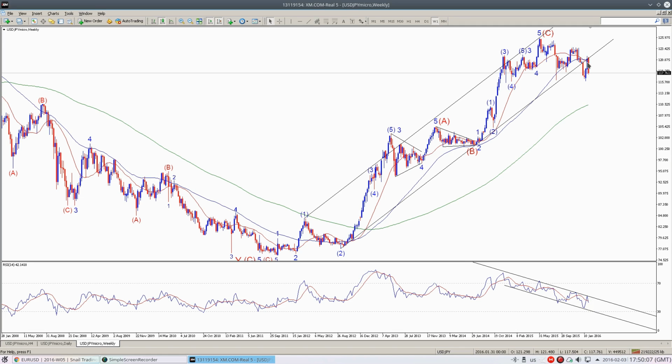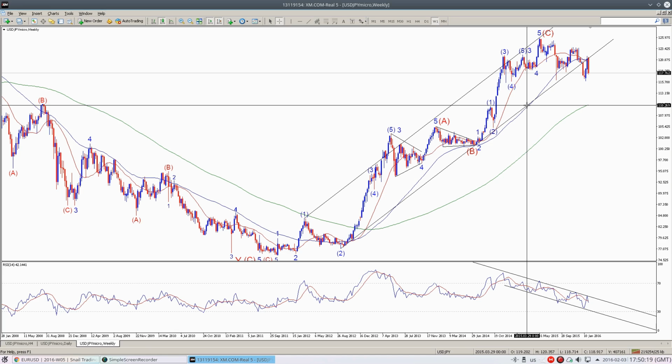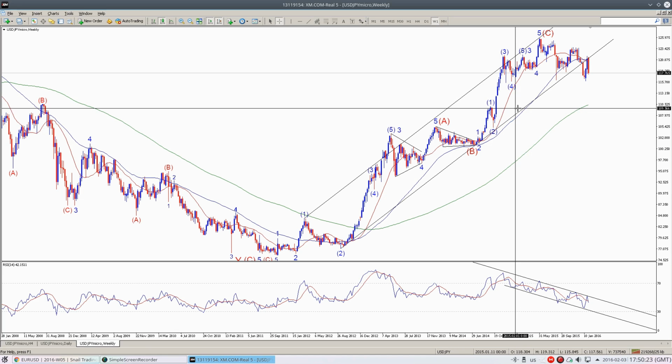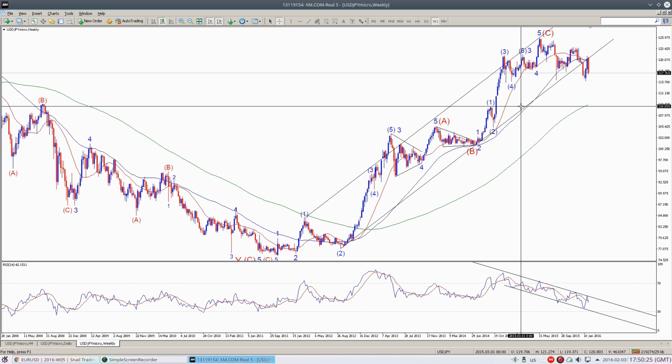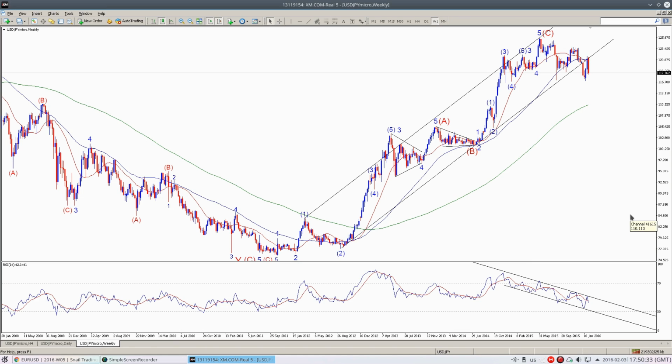And if it moves lower, that means that prices are actually targeting this level here. And if prices actually fell so deep, they will enter territory of this wave 1, and it will be at least a very deep decline, if not the beginning of a much bigger downtrend, which I believe that it is starting.